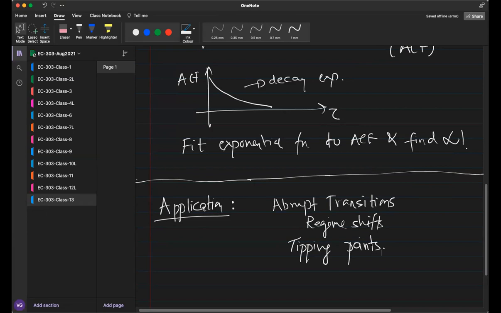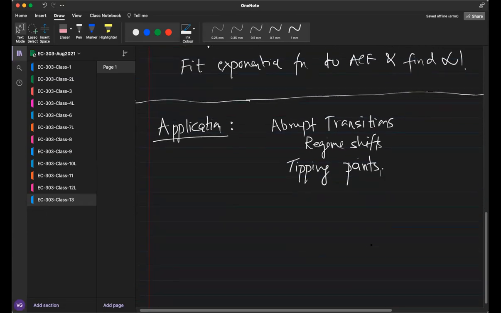Now, this is a very interesting application for the following reasons. One of the very early papers on the possibility of abrupt transitions in ecology was done around 1975. Probably much earlier. Of course, I think the mathematical possibility may have been known at least a decade earlier, if not much earlier.